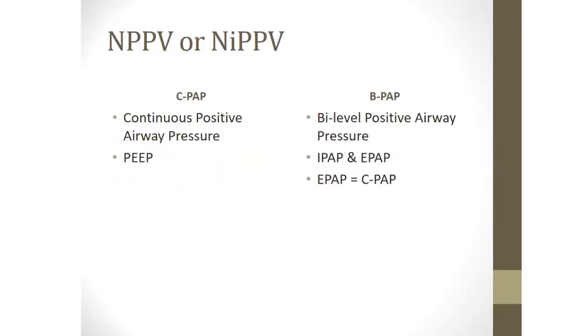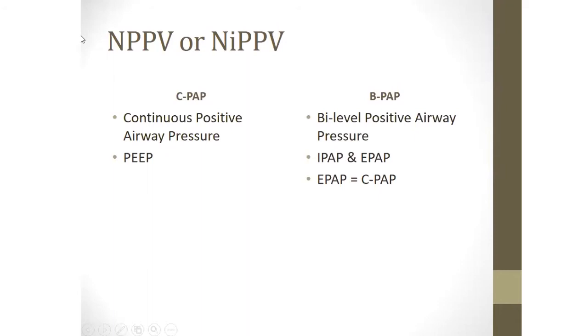Non-invasive positive pressure ventilation, or NPPV, is usually referred to as BiPAP, not CPAP. CPAP is continuous positive airway pressure, which is equal to PEEP. We usually use CPAP to improve oxygenation, and BiPAP to improve ventilation.